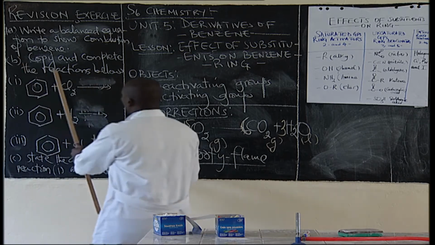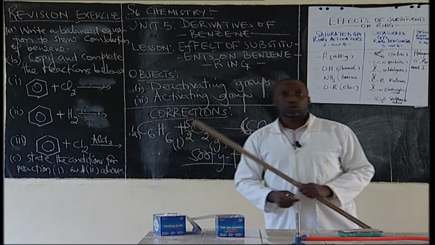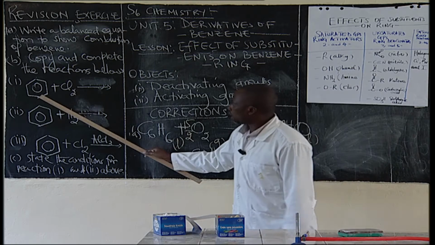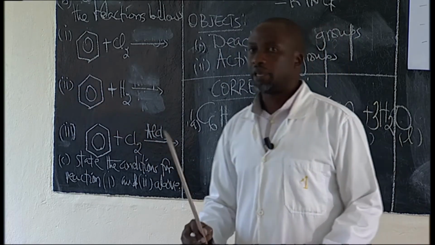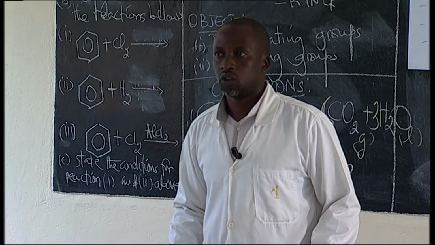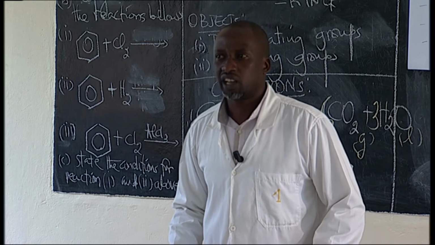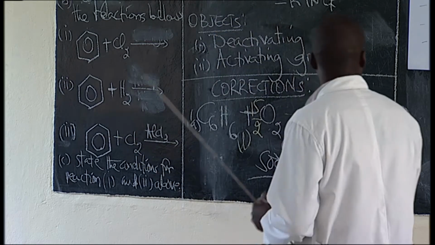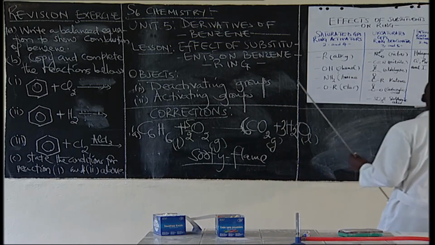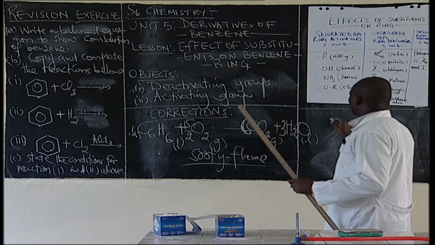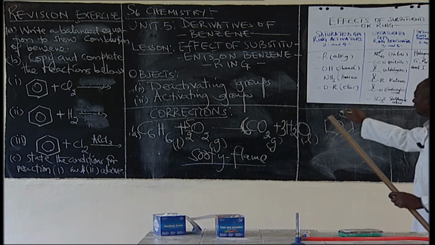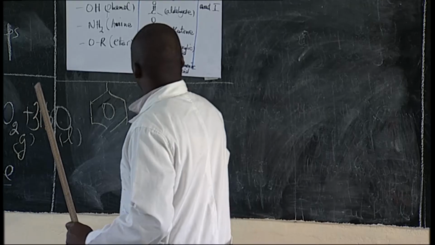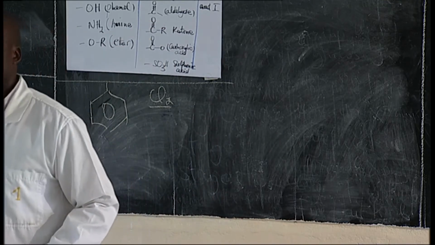Now copy and complete the reactions below. Chlorine is reacting with benzene. Do you remember those reactions that we looked at? Yes, I think so. Does benzene react with chlorine at room temperature?